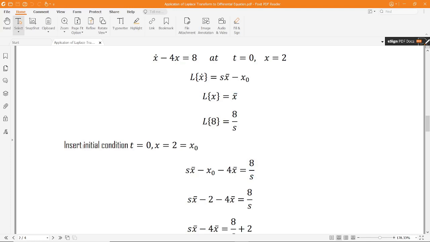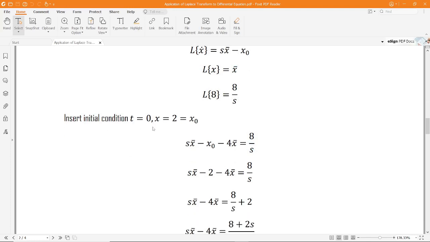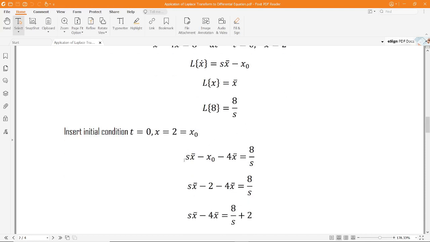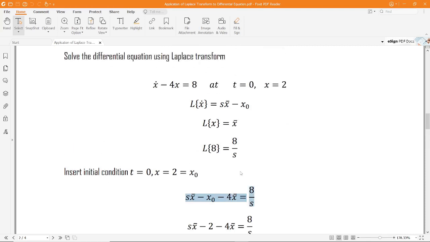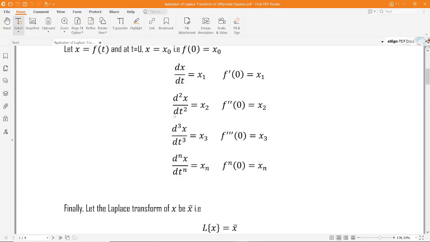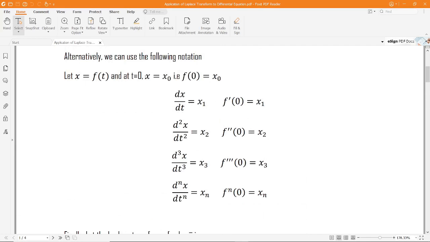Now the next thing is for us to insert the initial conditions. We are given that at time t equals 0, x equals 2. If we look at this equation, we don't have x there, but we know from here that our x at time t equals 0 is the same thing as x naught, and x dot is x1, x double dot is x2, x triple dot is x3.